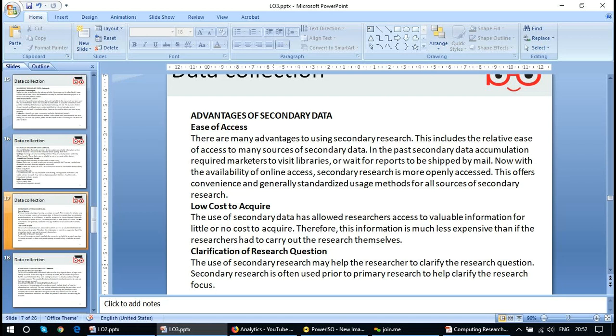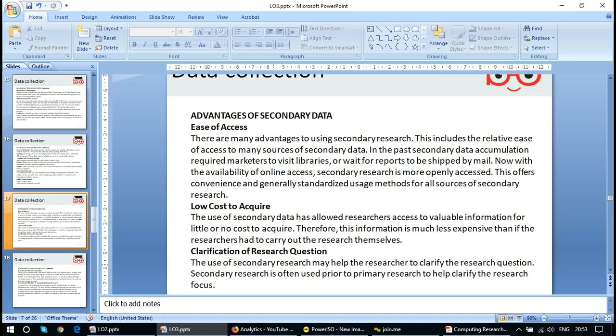For example, with a subscription to a particular journal, such as the IEEE journals, with a particular annual cost you get thousands of research papers about the IEEE, the international electronic society. So it is available at low cost, isn't it?